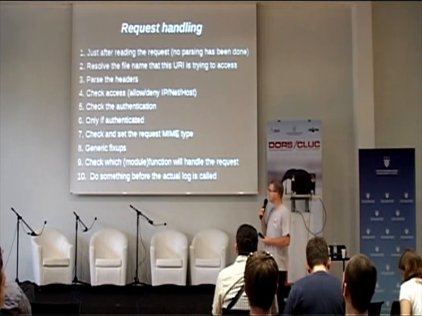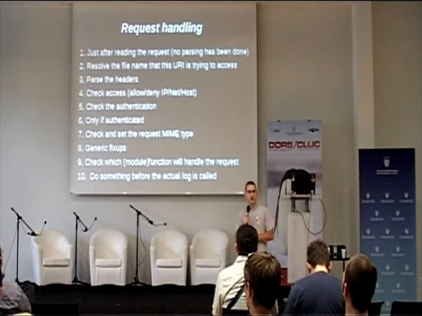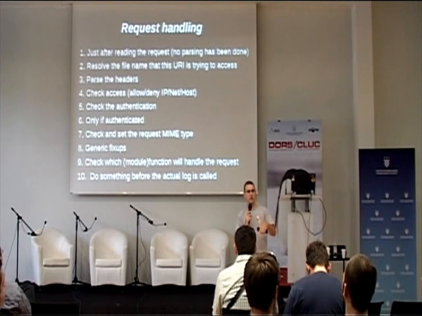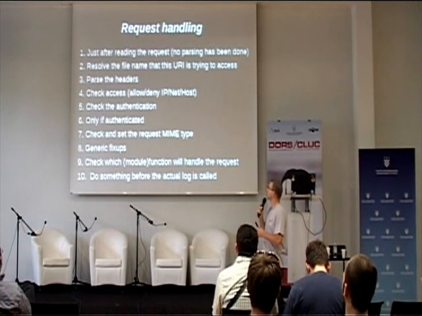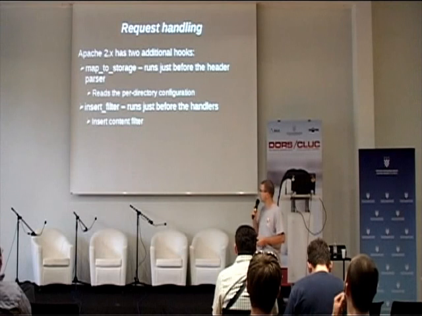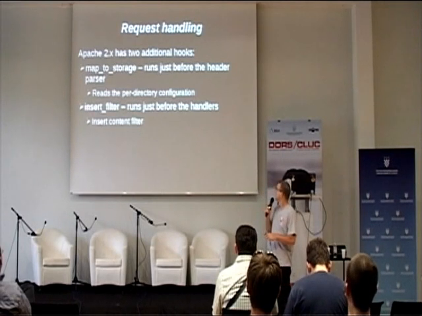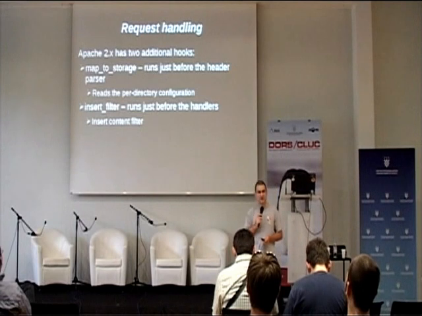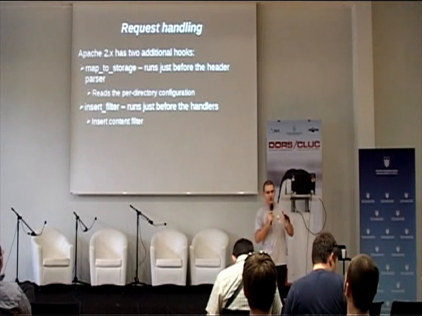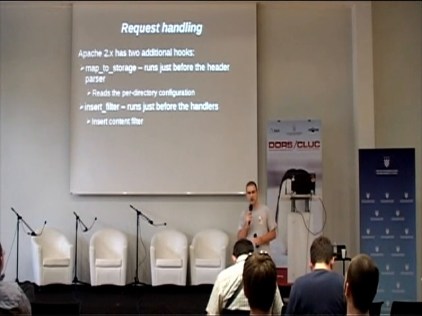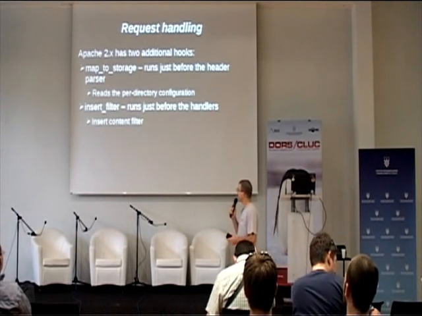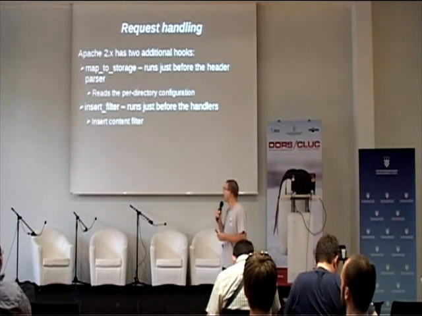This was introduced because the second step maps a URL to a file name, but additional modules can change the file name, and then after that, you can map this new file to a new storage. And the insert filter is a very nice feature for filtering requests. Something like if you want to have your own mod security module, but a little bit wider and with rules only for your application, usually the insert filter is the best place to go.